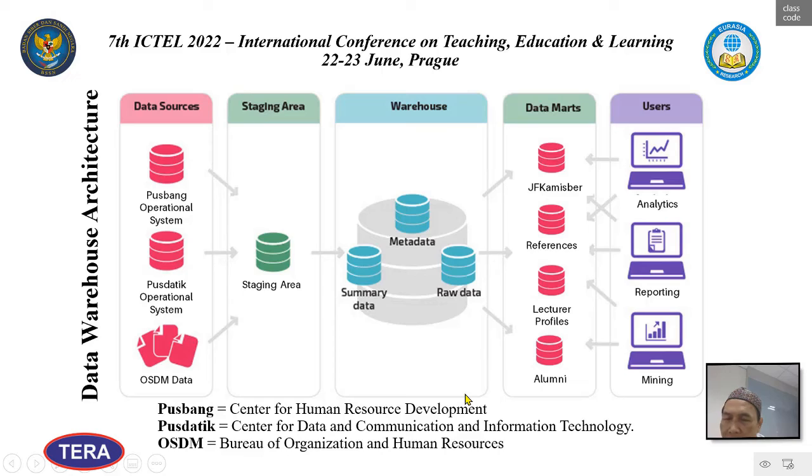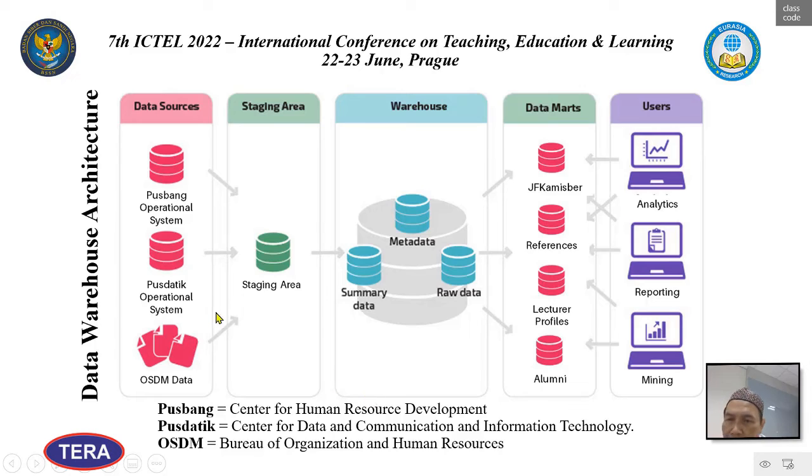So this is the data warehouse architecture. We have three data sources. They come from the Pusbank operational system. Pusbank means Center for Human Resource Development.